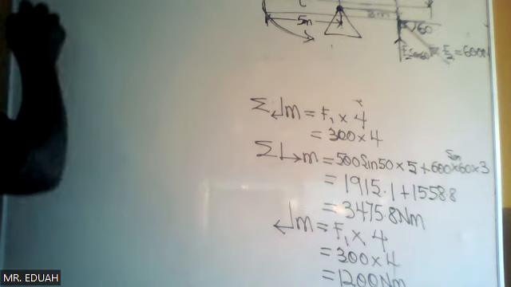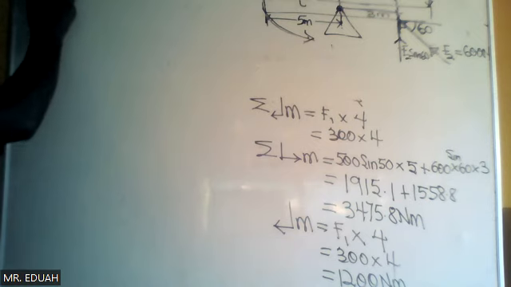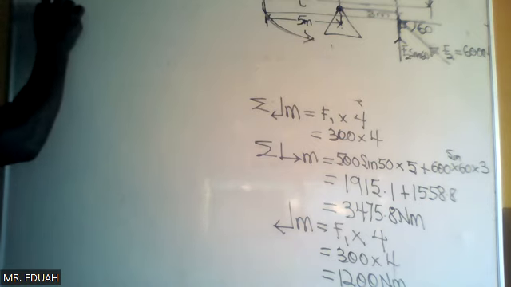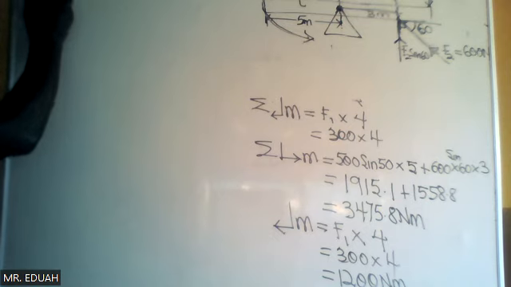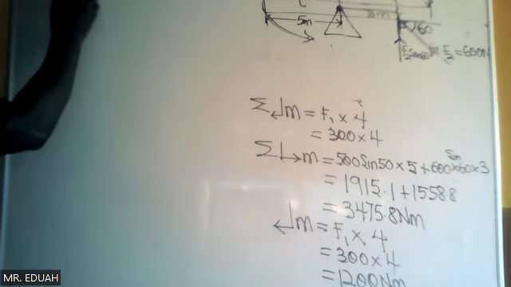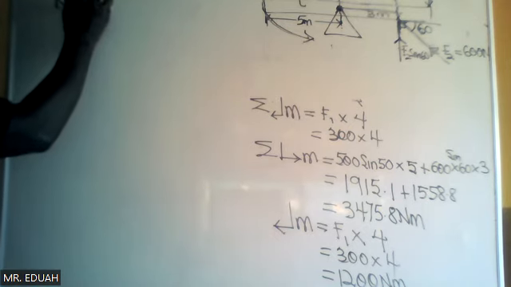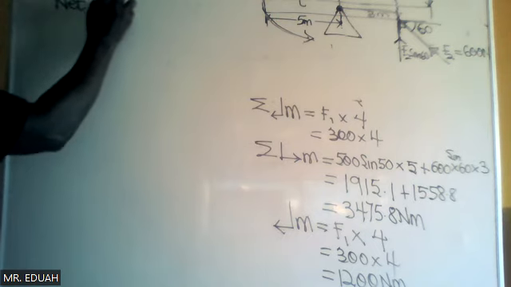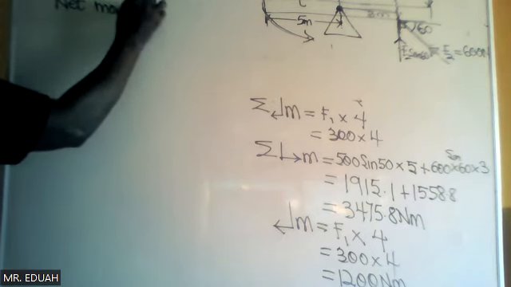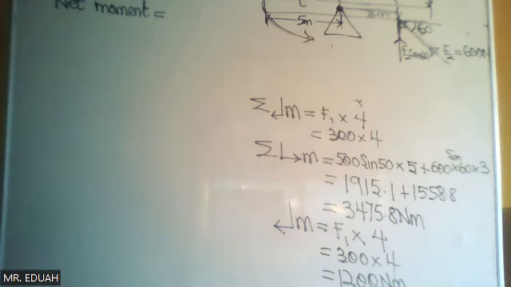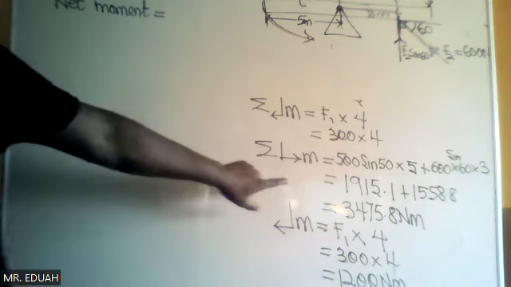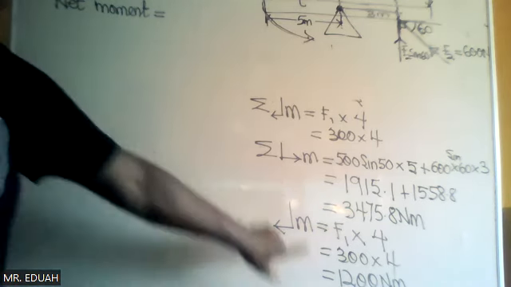Therefore, the net or the resultant turning effect, the net moment or torque around, will be the sum of the anti-clockwise moment minus this.